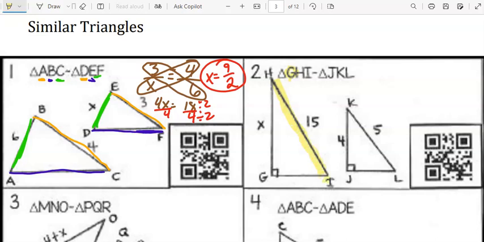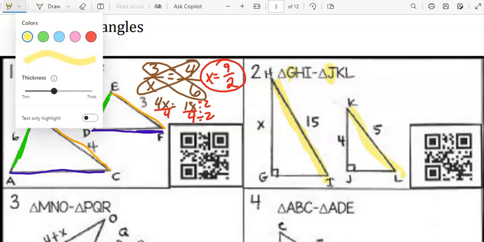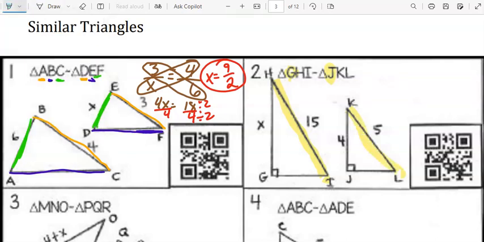G goes with J, and then H goes with K, and then I goes with L. It's good to get into the habit of marking each side because the triangles may not always be facing the same way.